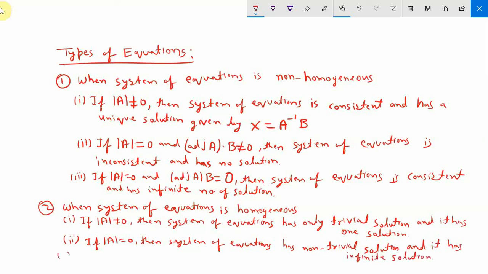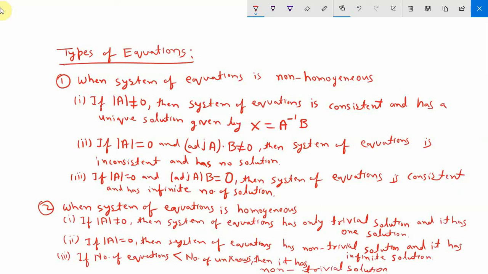Third case, if number of equations is less than number of unknowns, then it has non-trivial solution.